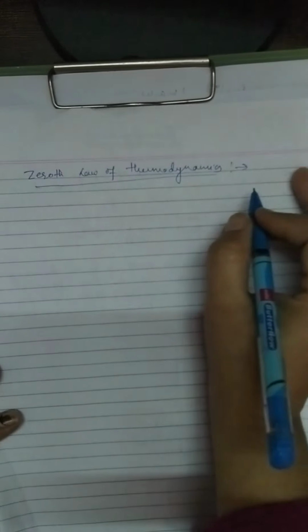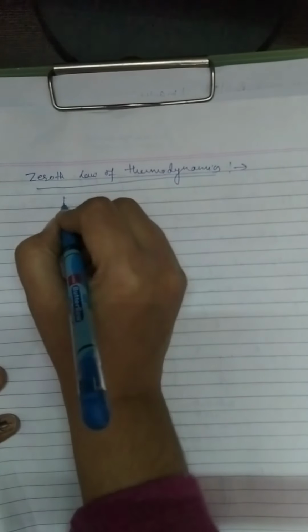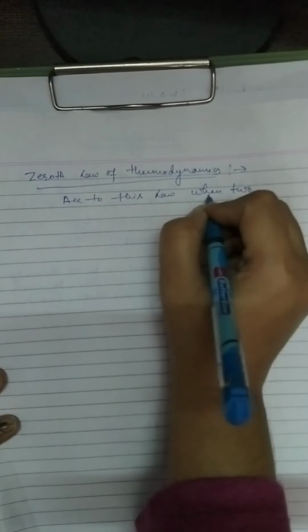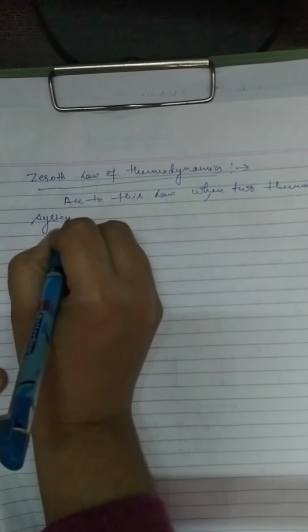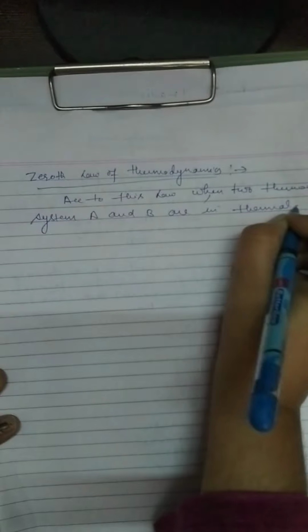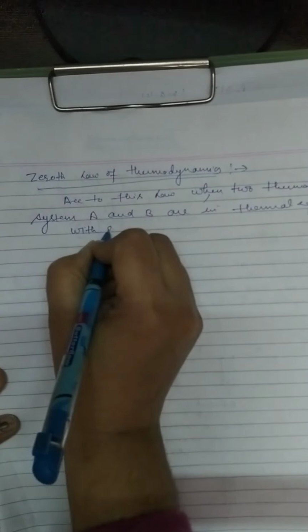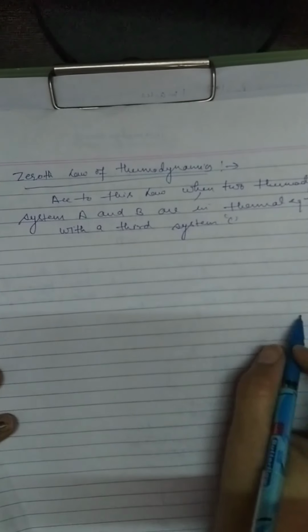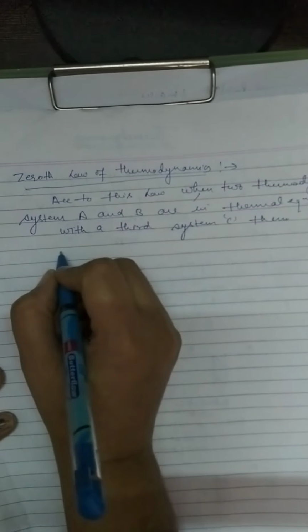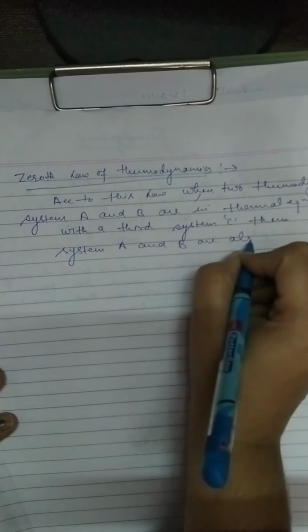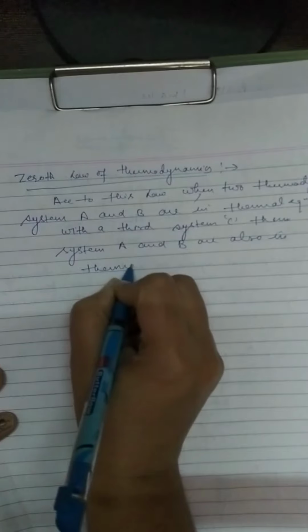According to this law, when two thermodynamical systems A and B are in thermal equilibrium with a third system C, means A and B are in thermal equilibrium with the third system C, then the systems A and B are also in thermal equilibrium with each other.